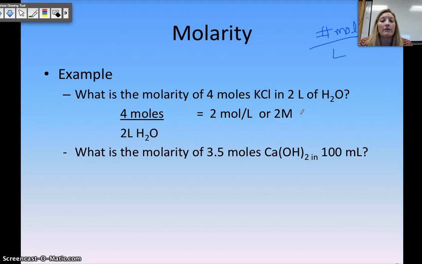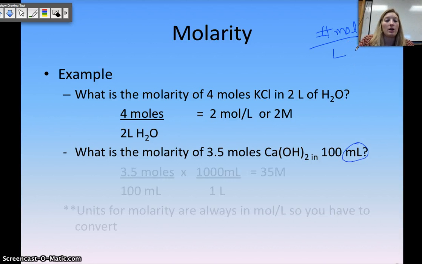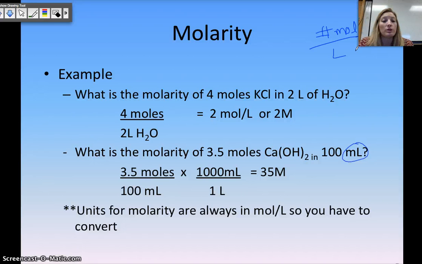How about this one? What is the molarity of 3.5 moles of calcium hydroxide in 100 milliliters of solution? Well, this one is a little bit different because it gives us milliliters instead of liters. In order to have molarity, we have to have it in liters. So we're going to have to convert here. If we start out by putting our moles over our volume, 3.5 moles over 100 milliliters, we need this bottom unit to be liters.